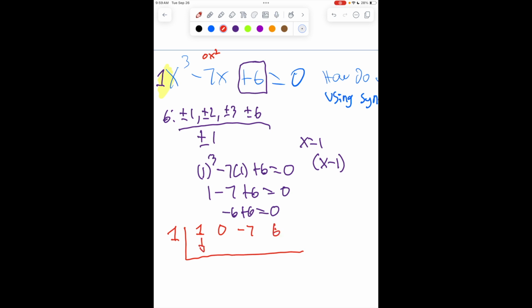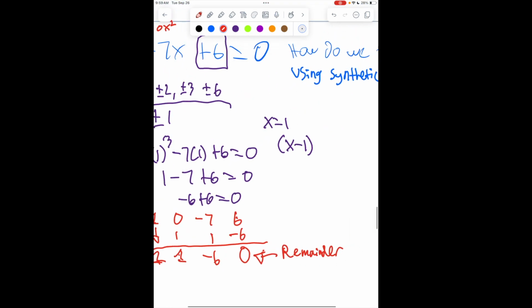As I bring this down, 1 times 1 is 1, 0 plus 1 is 1. 1 times 1, -7 plus 1 is -6, and 6 minus 6 is 0. When we get a remainder of 0, that's what we like, because it basically goes away. Because it ends in a 0, I know that it's a factor.